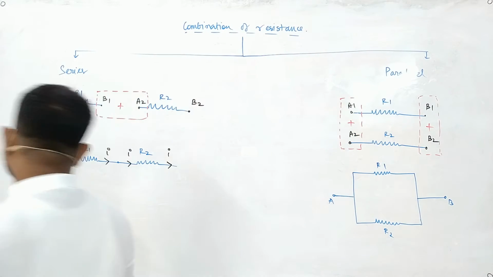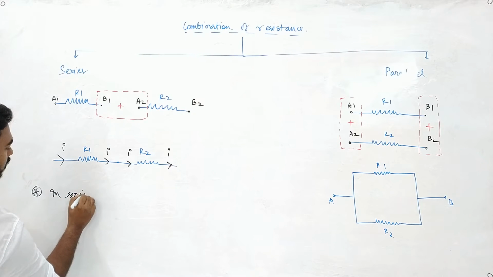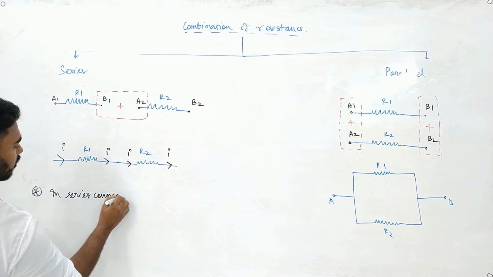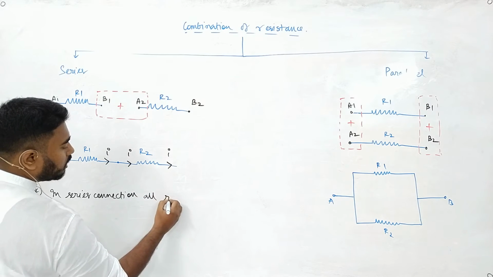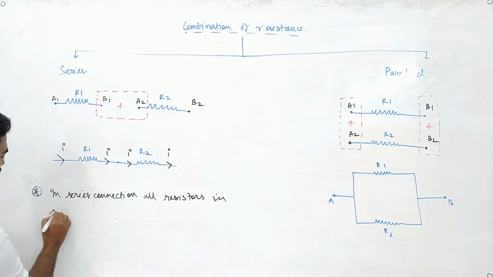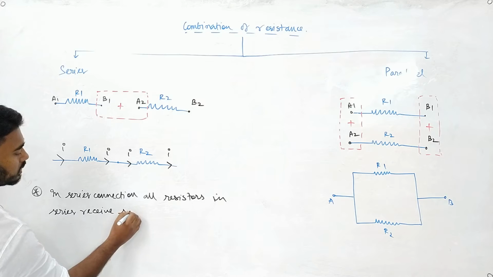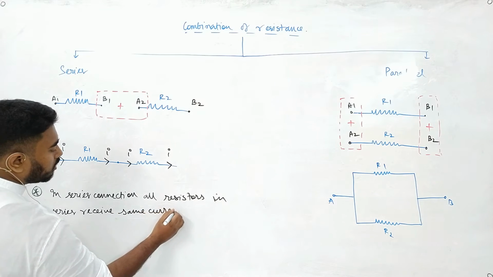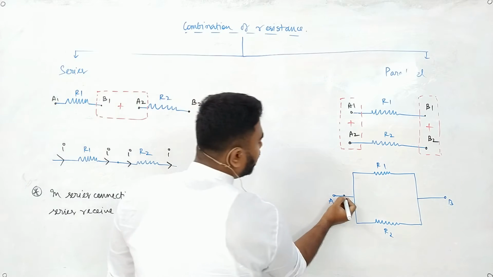Okay, so give a star and write that down. In series connection, all resistors in series receive the same current.